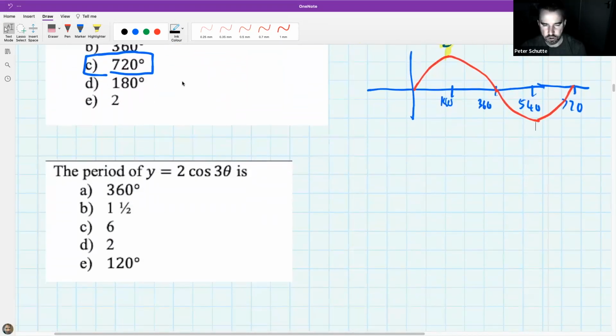You are given a cos graph that has two types of transformations, but they still want to know the period of this cos graph. And you've got 5 options here. What do we think it's going to be?